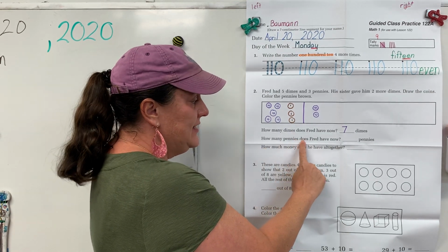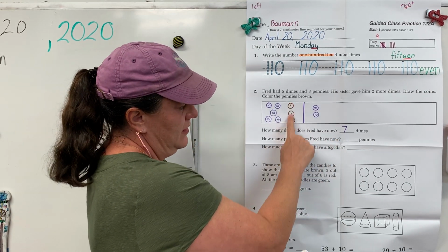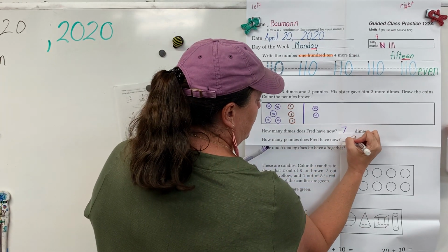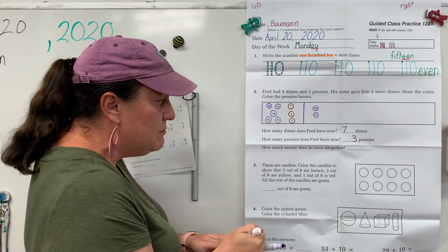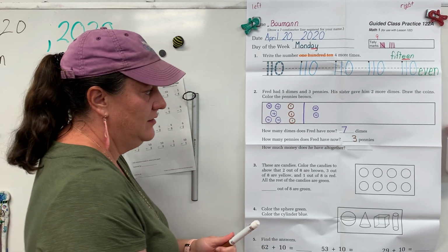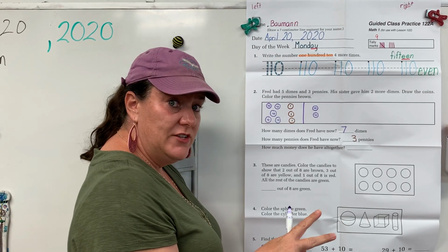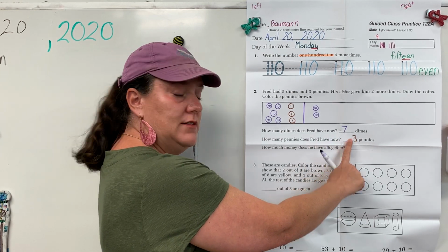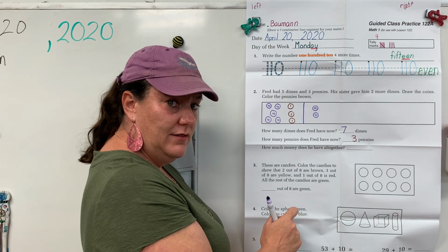How many pennies does Fred have now? He still has 3 pennies. All right, so how much money is this all together? All right, so remember there's 2 ways you can do this. You can think about what you know about tens place and ones place and write your answer. Go ahead and do that.